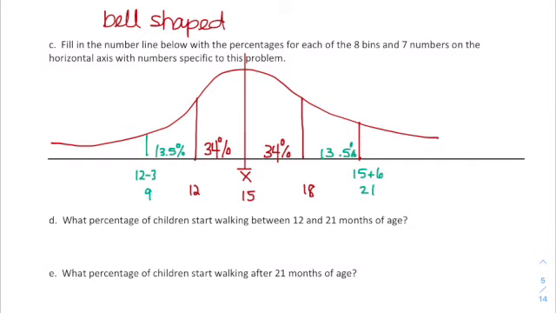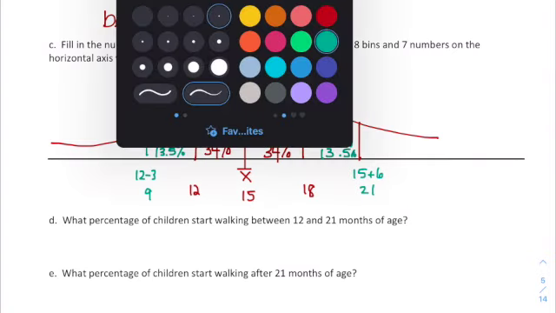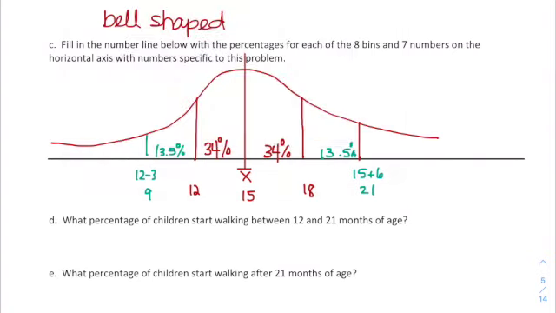All right. The next set is going to be 21 plus 3 more, that's going to be 24. And then that's 9 minus 3 more, that's going to be 6. And the percentage over there is going to be 2.35%, and down here is going to be 2.35%.